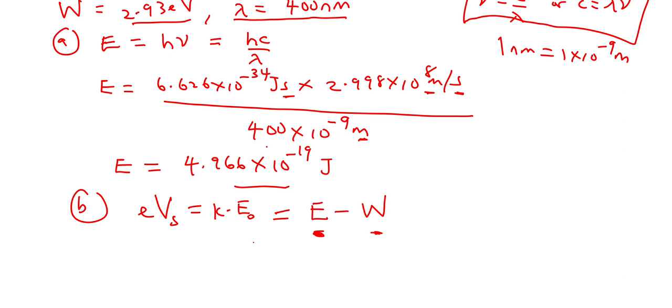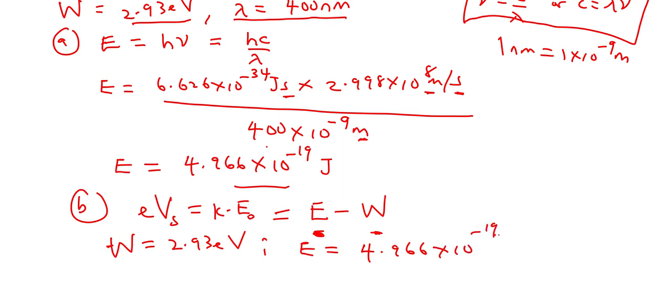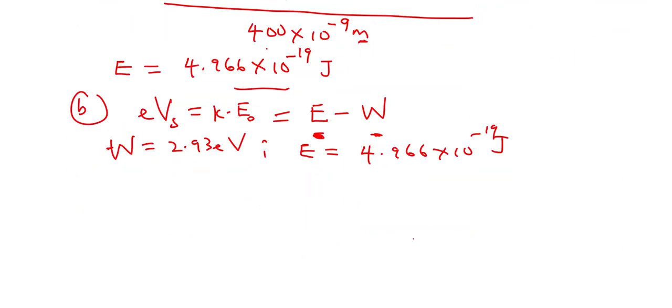So let's convert this energy to electron volts. The work function is 2.93 electron volts, while the energy is 4.966 times 10 to the power minus 19 joules. Recall that 1 electron volt is 1.602 times 10 to the power minus 19 joules.